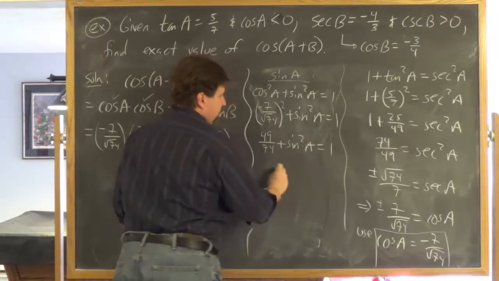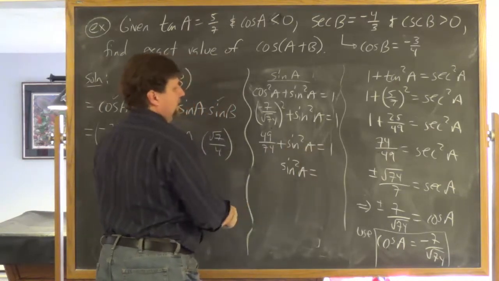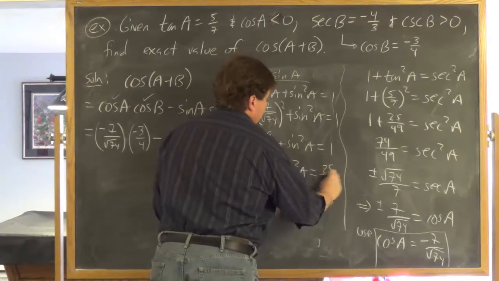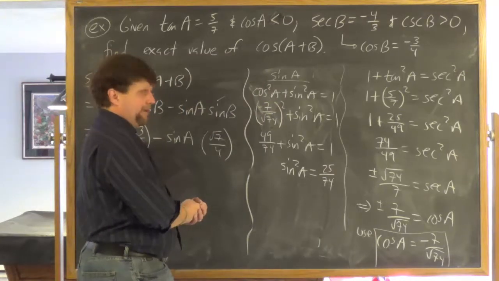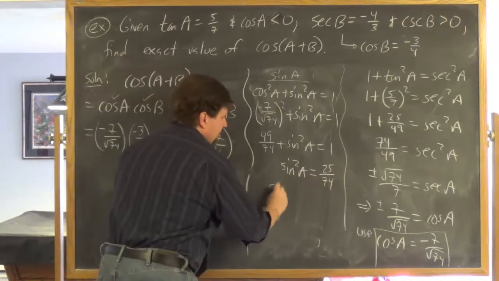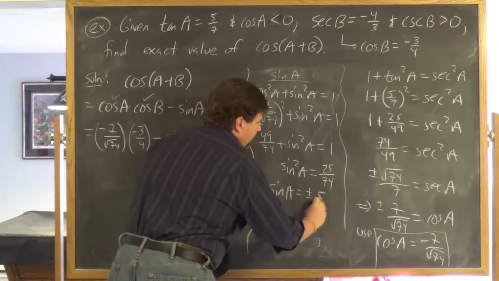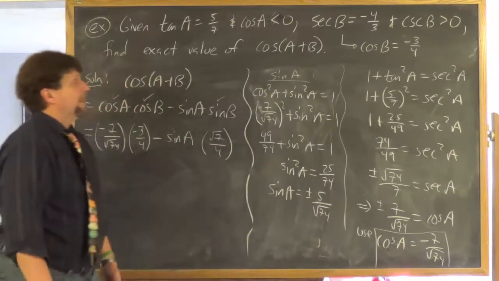Subtract 49 over 74 from both sides of the equation, and I get 25 over 74? That ended up being pretty friendly. Take the square root of both sides, and I get plus or minus 5 over the square root of 74.